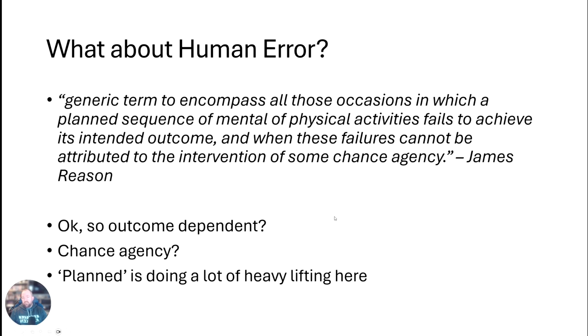So looking at human error, which we'll get into more in the next video, because that's generally what we're looking at. When people are doing human performance field investigation, they're trying to get a sense for, did somebody make a mistake?